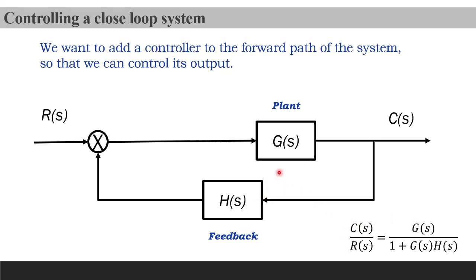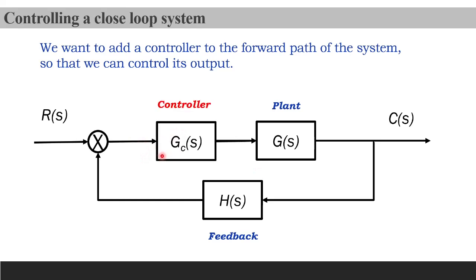But let's say the plant does not operate in the way which is required, or maybe I want to control it in some efficient way. So what I do is try to add a controller here. Let's say Gc is our controller, and let's add that controller. So I added this additional block to the plant in the forward path of this closed loop system, and I named it Gc, and I call this a controller.